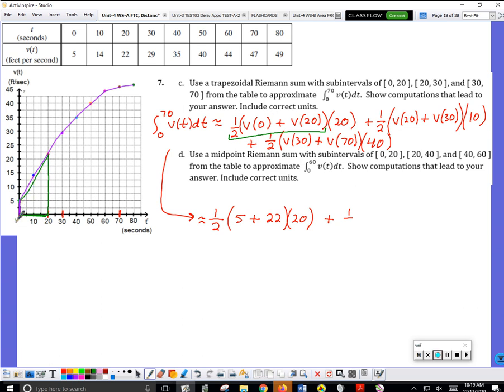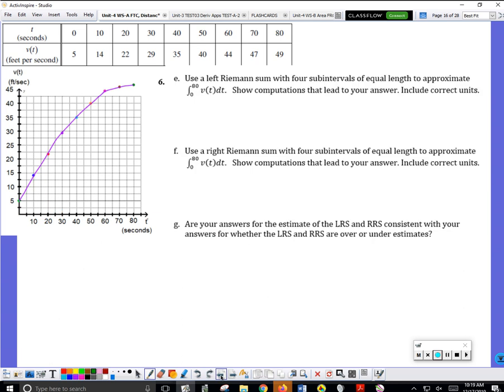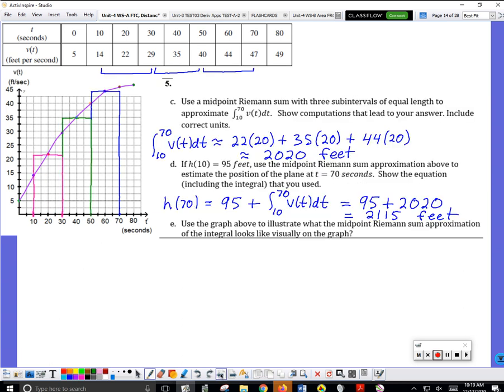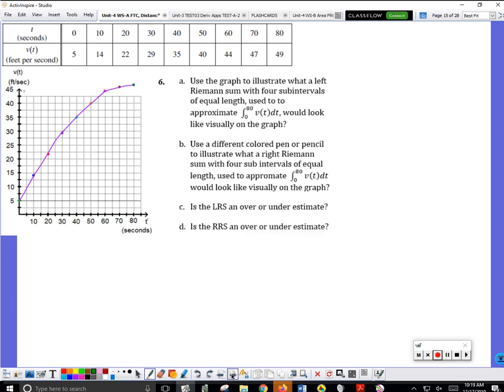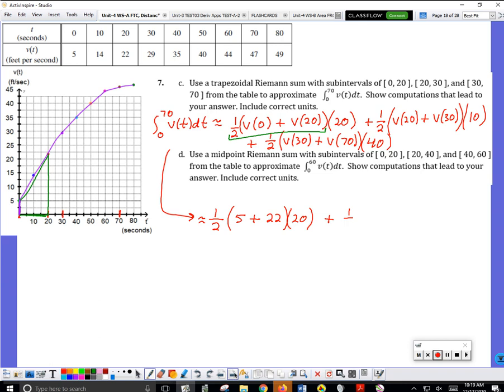It's called the trapezoidal sum because, note the difference, instead of computing a rectangular area, which you do in left, right, and midpoint, you're actually computing a trapezoidal area, the green.